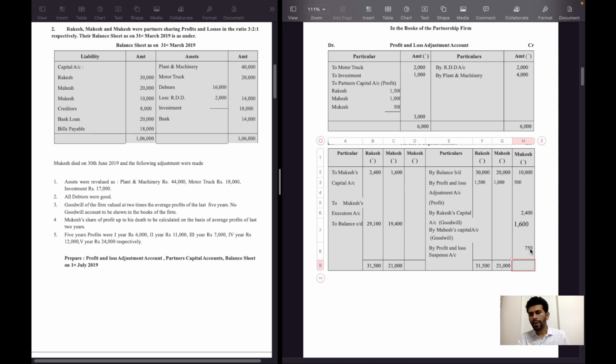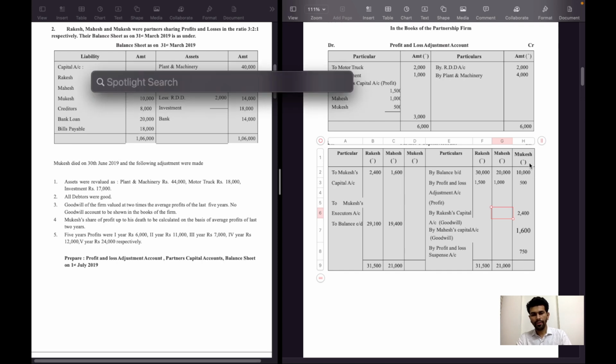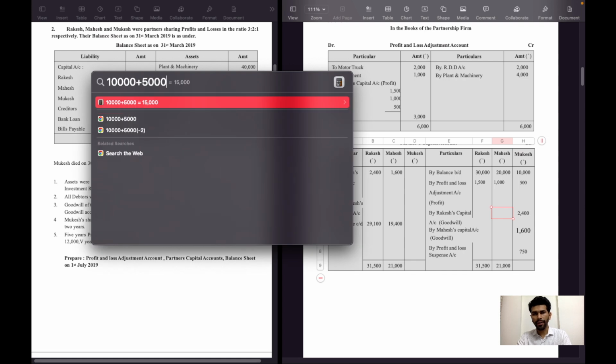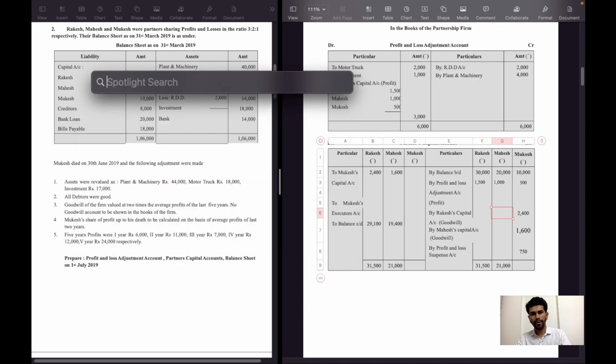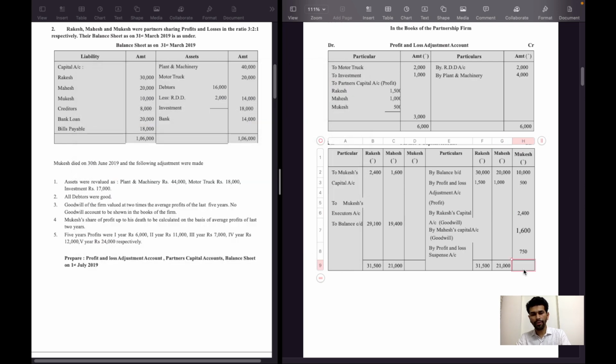And Mukesh capital account credit side is also higher: 10,000 plus 500 plus 2,400 plus 1,600 plus 750. 15,250 is the total amount. It will be shifted to debit side and the balancing figure will be to Mukesh's executor's account or to Mukesh's executor's loan account.